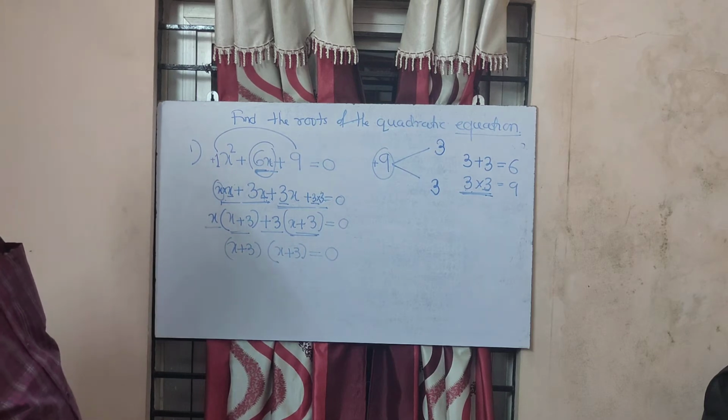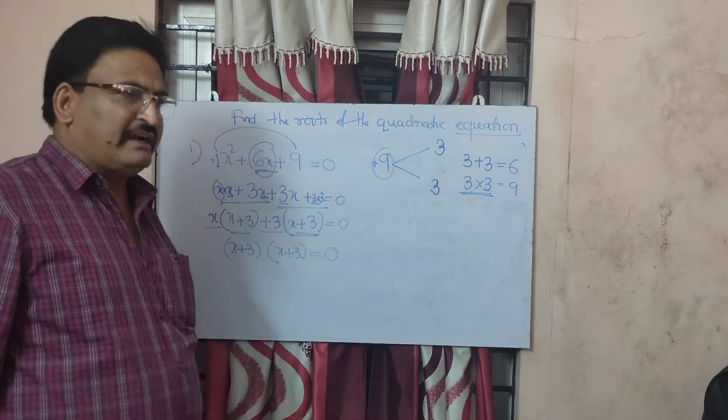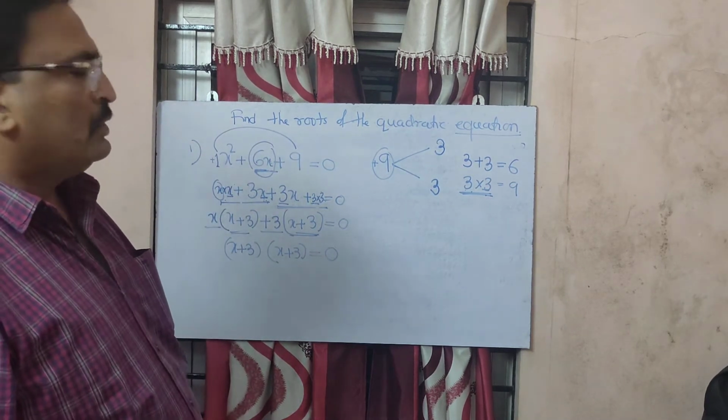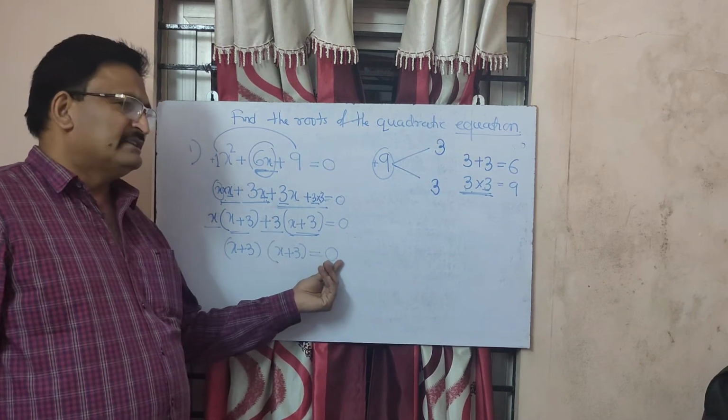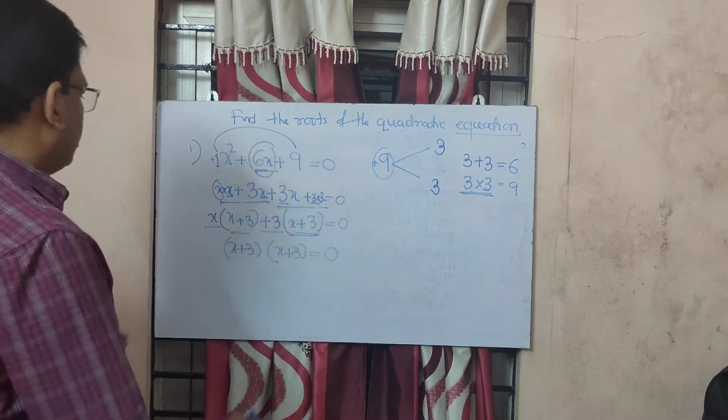Now to find the roots, what do we have to do? We have to equate each bracket to 0.